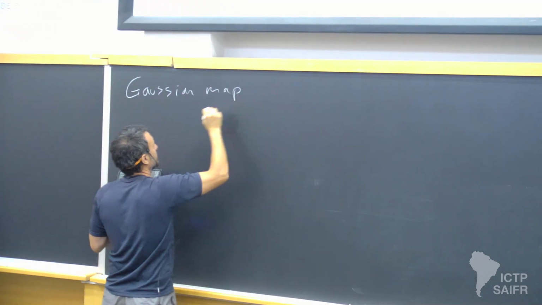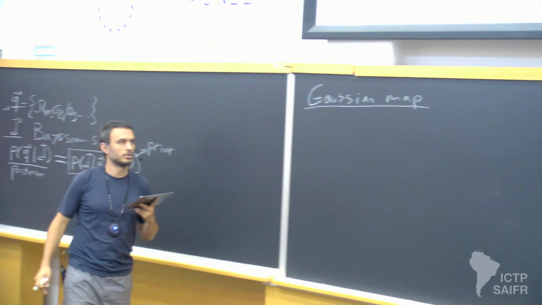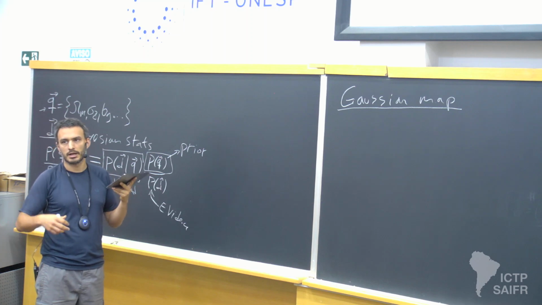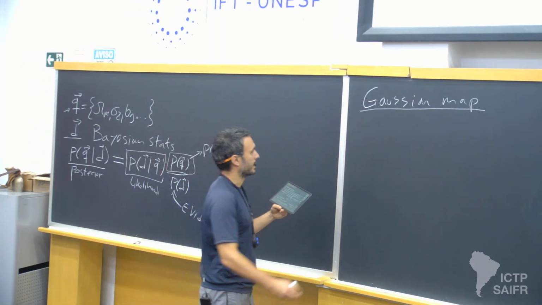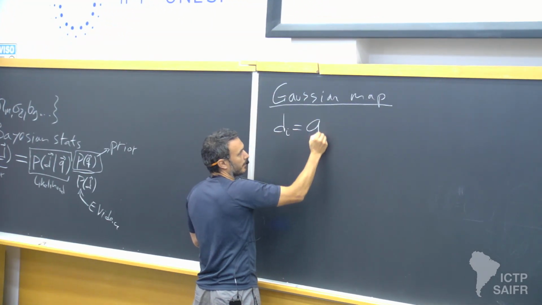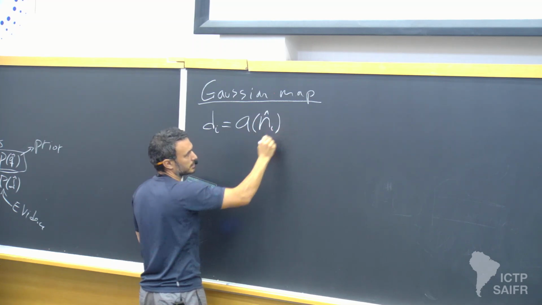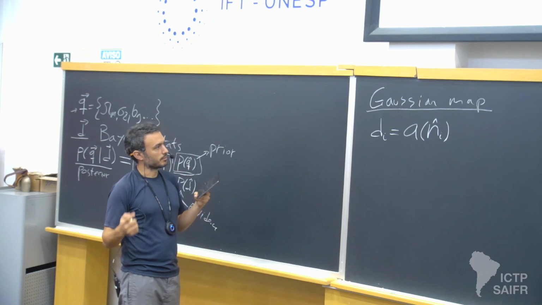We already said, for example, that according to lambda CDM, modulo inflation, the temperature of the CMB is a Gaussian random field, right? We know that it follows Gaussian statistics. All right, so let's say that our data is just the value of some map, which we know is Gaussianly distributed at different positions in the sky.